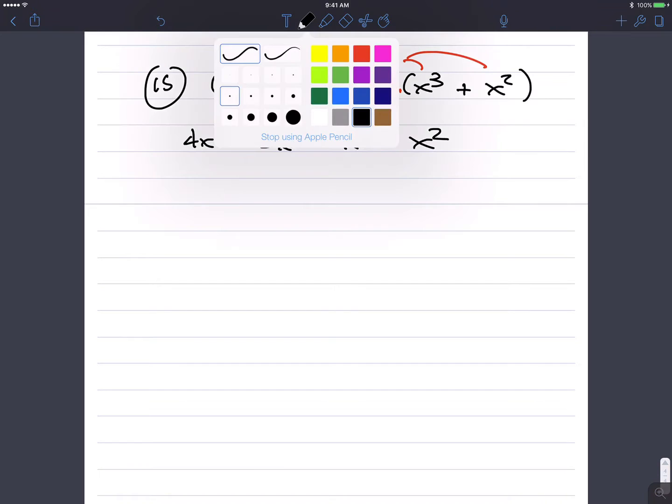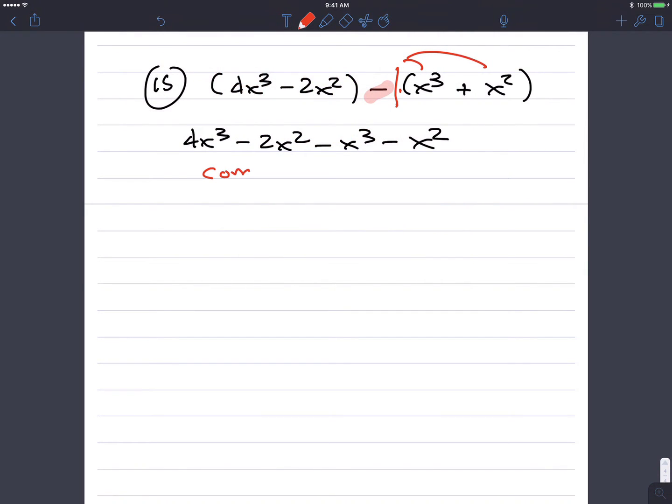Now, all we have to do is combine like terms. I have 4 apples. I owe an apple. This means I have 3 apples.